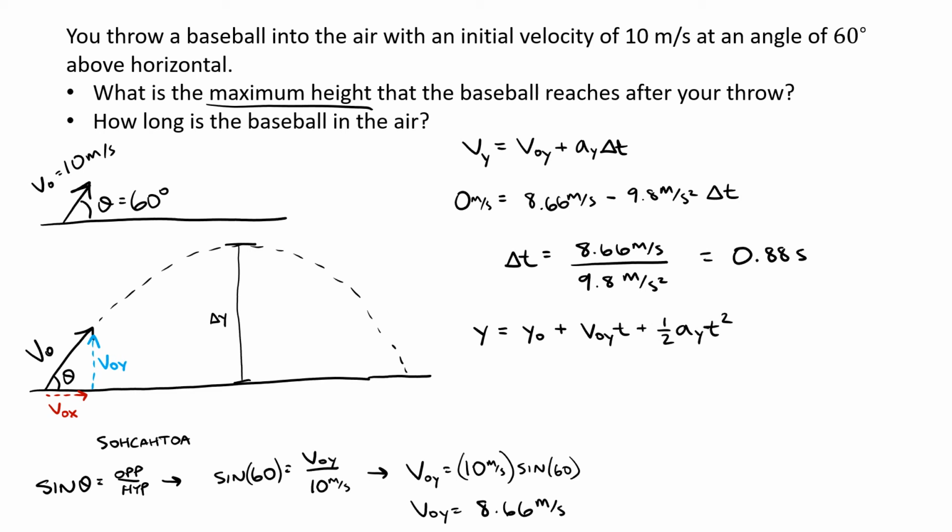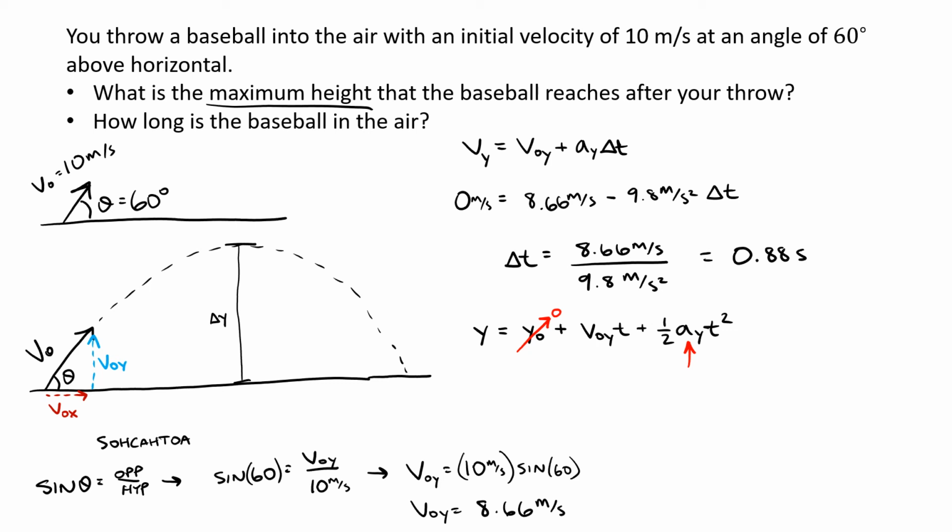So let's see. I'm going to say that where I launch this ball, where I throw the ball from, is going to be 0. So this initial height, y naught, is just 0. We have to remember to put in gravity for this acceleration here, and the rest we should know.